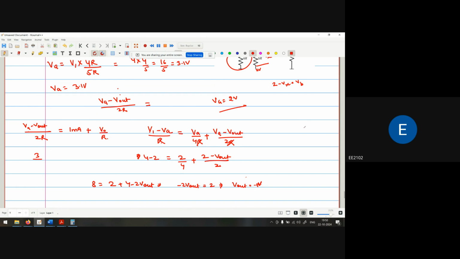So 3 divided by 2R equals 1 milliampere plus minus 1 by R.